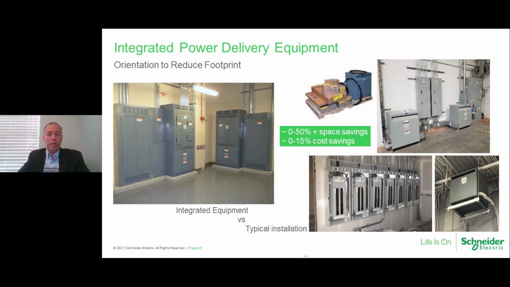Integrated electrical equipment, it's another way to save space. It's not just that it saves space, and sometimes it can actually save costs, but it's also what it does for the aesthetics of the installation. I want you to think about the two pallets in the middle of equipment arriving into a job site. First of all, trying to keep track of it and managing that and installing it correctly can be chaotic.